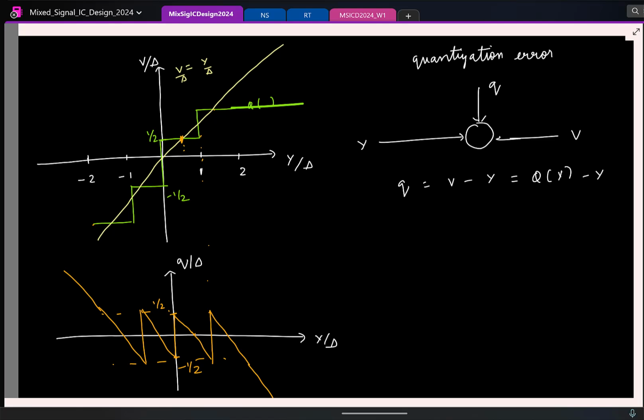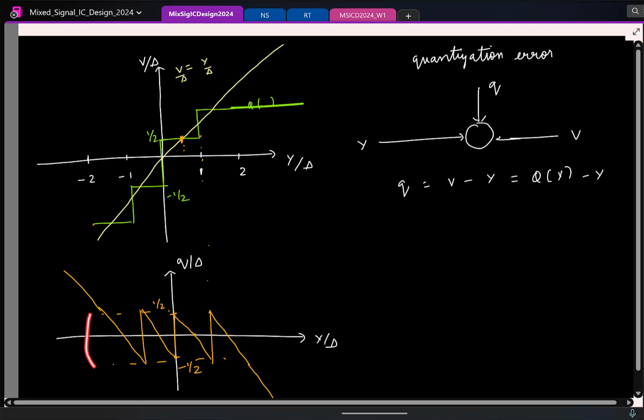At least if the input to the quantizer is within the full scale range, what is the range of values the quantization error takes? It is plus delta by 2 and minus delta by 2. Fine, this is normalized with respect to delta. So this is one observation I can easily make. The error will lie in this range of minus delta by 2 to plus delta by 2, if my input is within the full scale range.